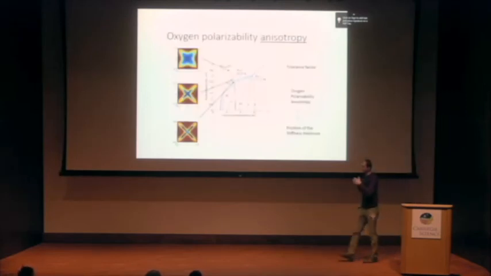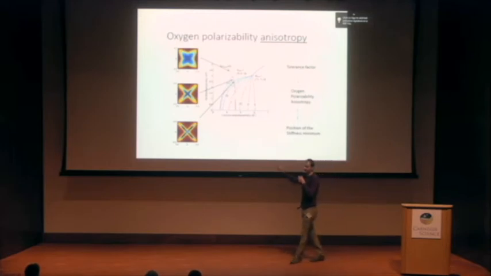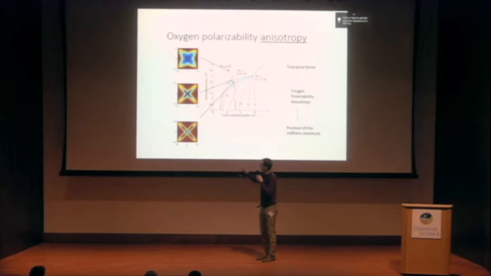An interesting thing happens when we vary the anisotropy of the oxygen polarizability, making it more pancake-like or more spherical. By varying that, we vary the level of anisotropy of the stiffness landscape. And if the oxygen polarizability becomes very anisotropic, we obtain an incommensurate minimum in the sigma direction.